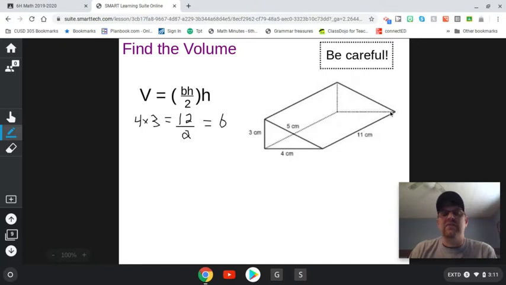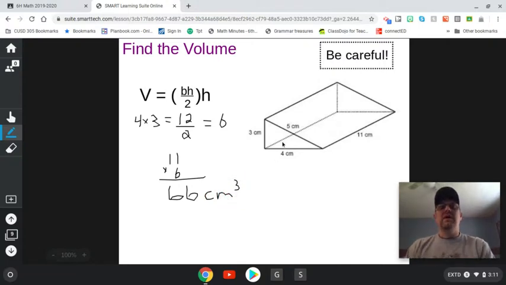This is the height of our prism. So we're going to take 6 times 11. I always try to put the bigger one on top. We're going to take 6 times 11, which is 66 centimeters cubed.